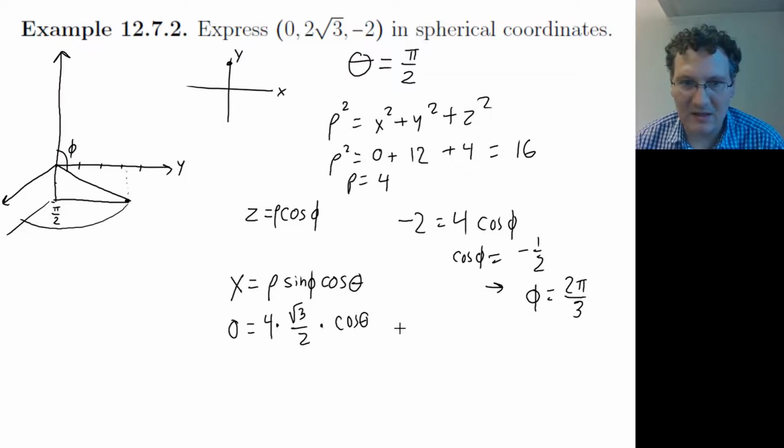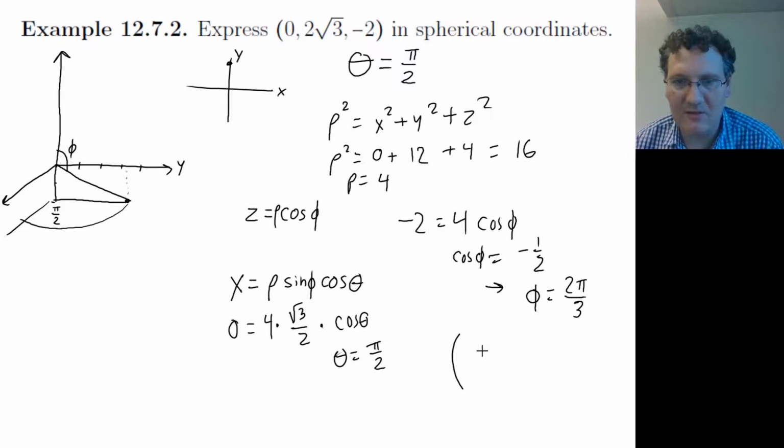You can see this just gets us to the exact same place. Theta has to be equal to pi over 2, the angle whose cosine is 0. So our point in spherical coordinates would be 4, pi over 2, and 2 pi over 3.